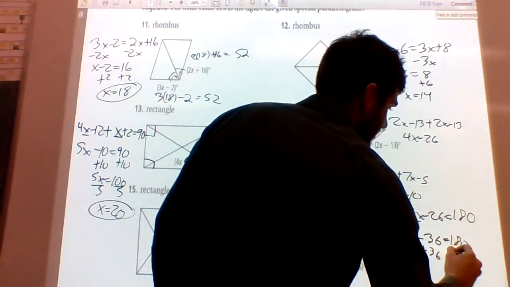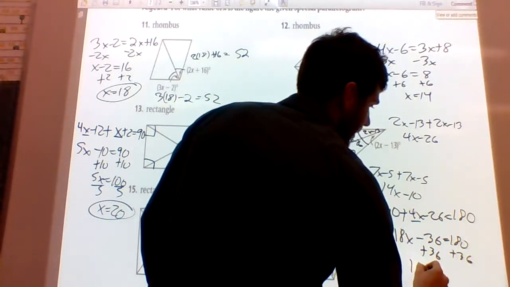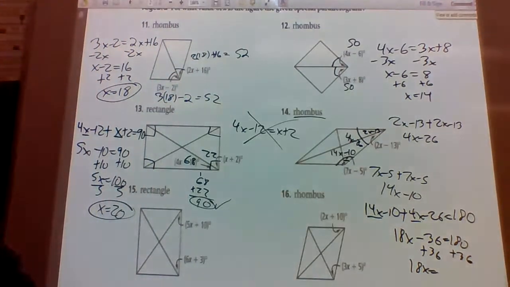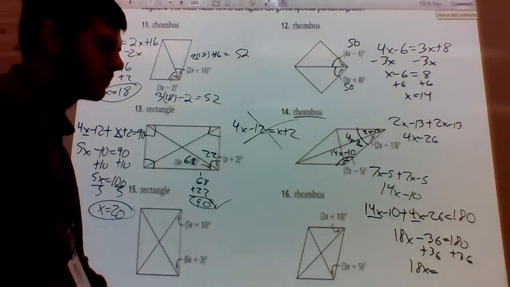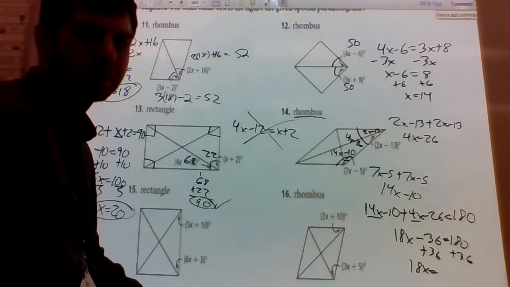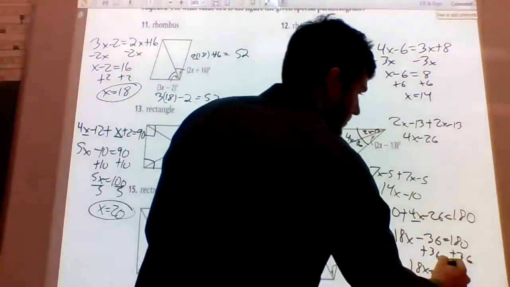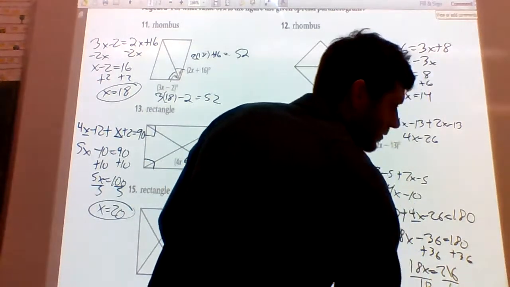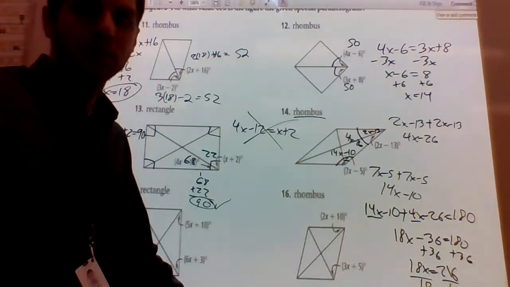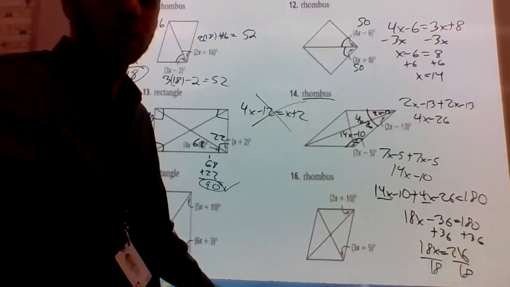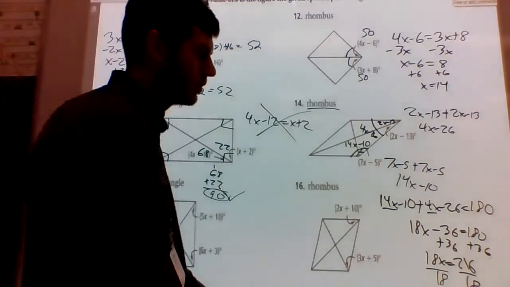We add 36 to both sides. 18x is going to equal 216. 180 plus 20 is 200. 200 plus 16 is 216. Divide by 18. Can't see it at the bottom there, but we've divided by 18.